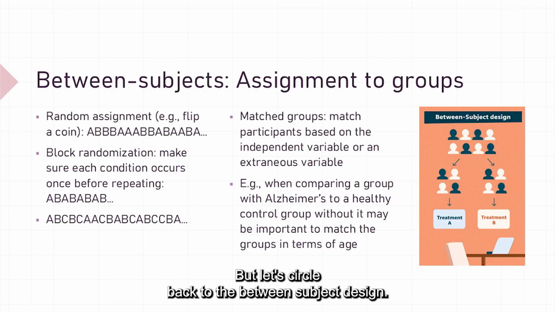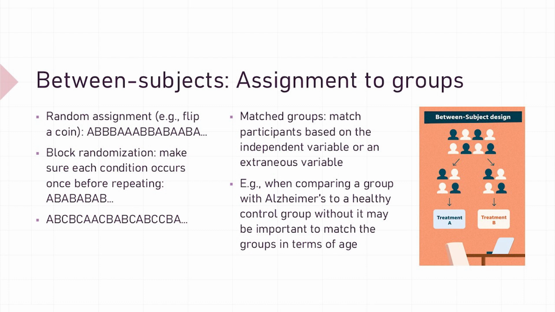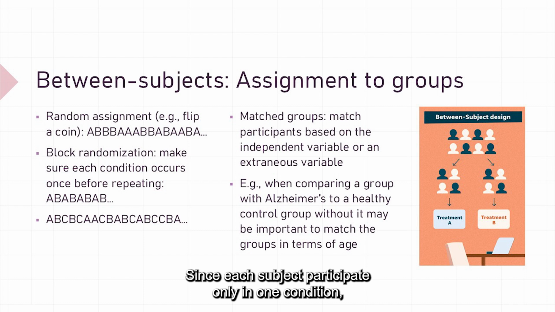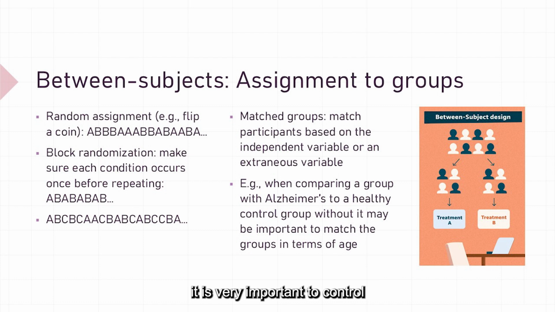But let's circle back to the between subject design. Since each subject participates only in one condition, it is very important to control the confounding variables associated with participants. One possibility we can do it is by randomly assigning participants to different conditions.